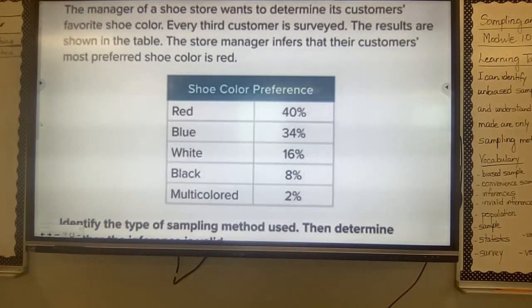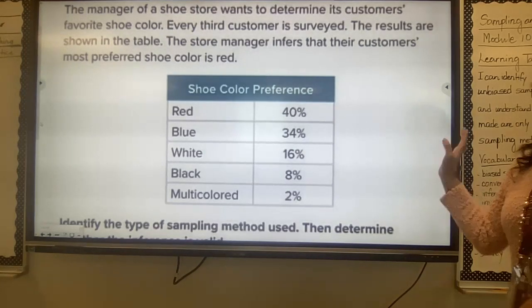Okay. Could the store manager use the survey results to infer that the favorite shoe color of the population of the United States is red? So could he talk about the entire United States based on that? And we're going to justify a response. When we look at that, we cannot talk about the entire United States.